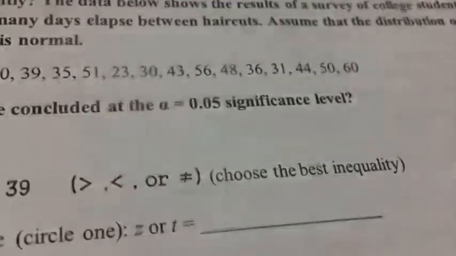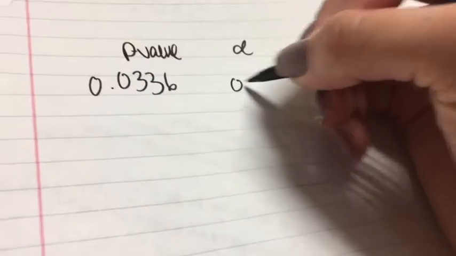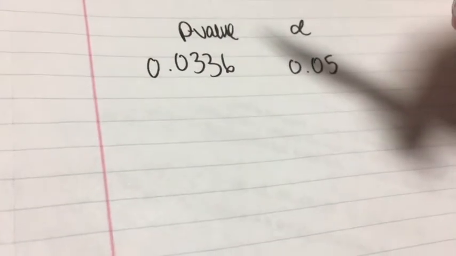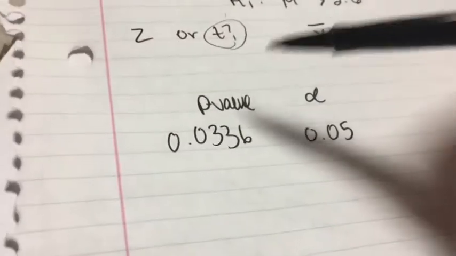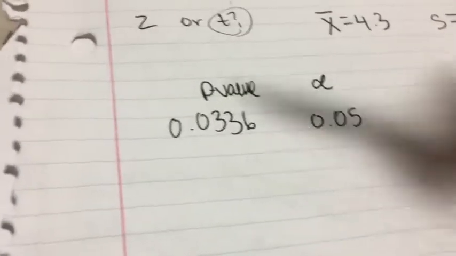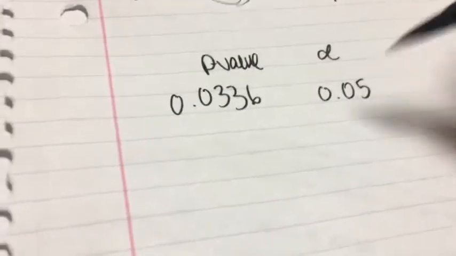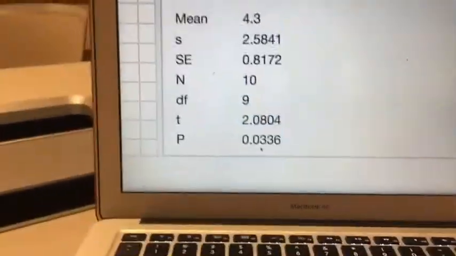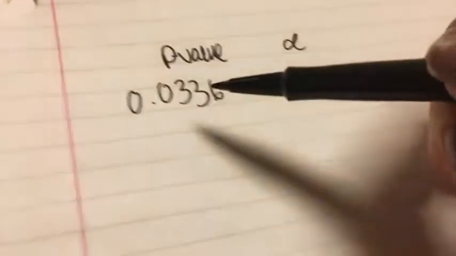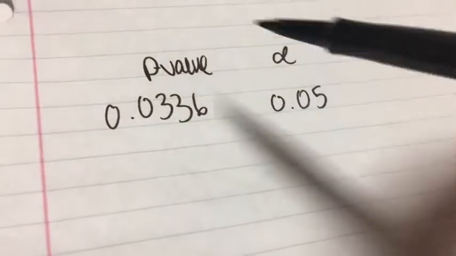Now I'm going to compare that with my alpha, my level of significance in the problem, which was at the 5% level. So taken from the problem, it told me to use a 5% level of significance. My p-value, which was from GeoGebra, is this. So now I'm going to compare to see which one is larger.